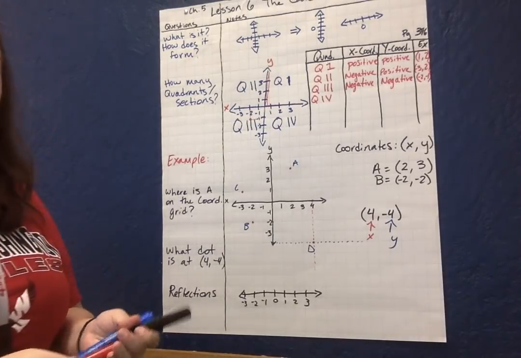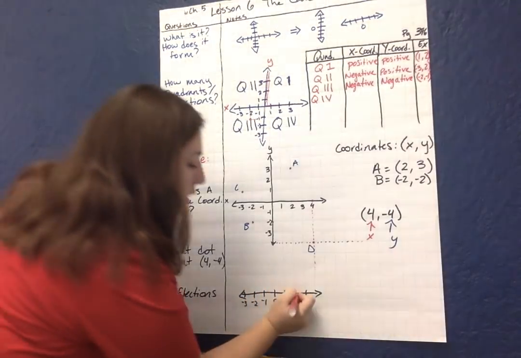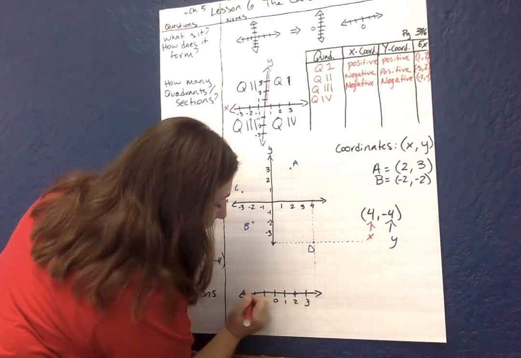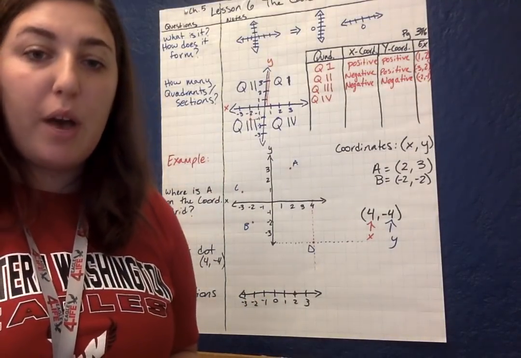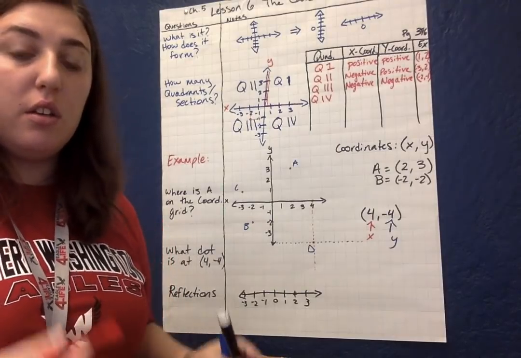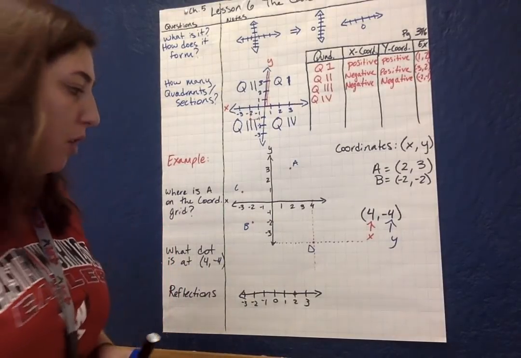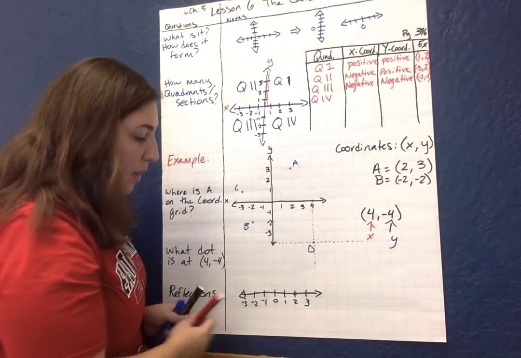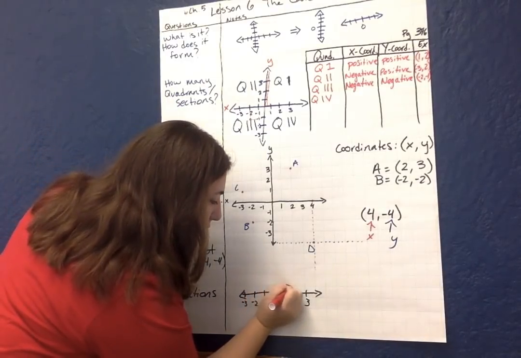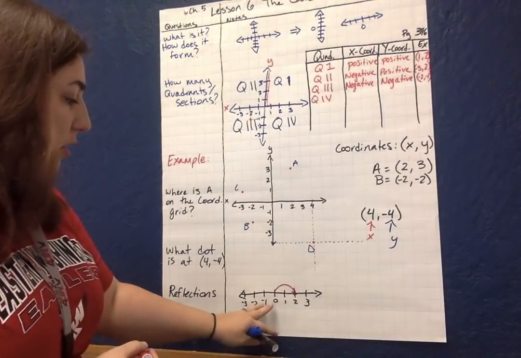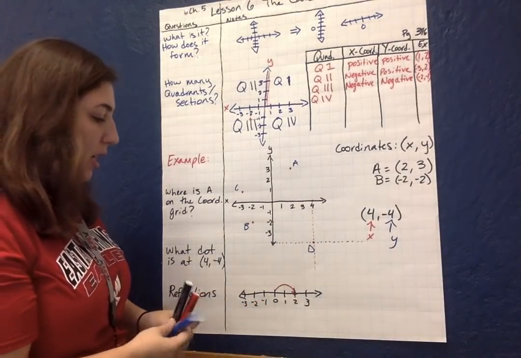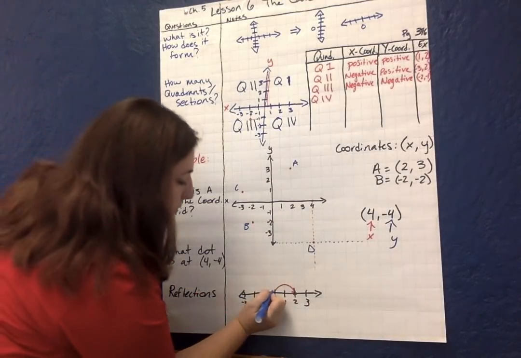All right, so let's say we are looking at 2, and I want to find the opposite of 2. Remember, we talked about opposites and how opposites, they're the same distance away from 0. So 2 is 2 steps away from 0. And if I go in the opposite direction, the other number that's 2 steps away from 0 is -2.